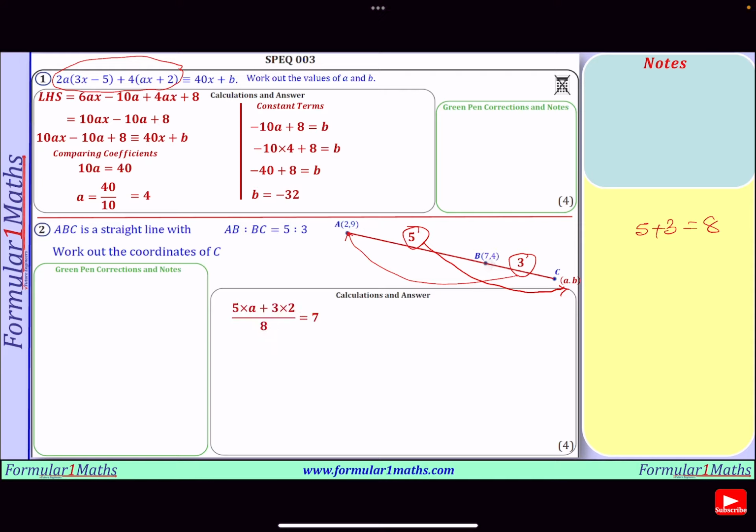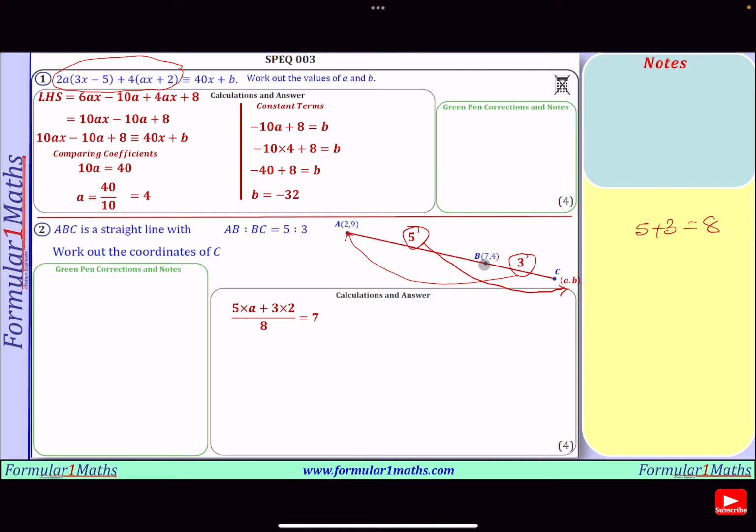So 5 times a plus 3 times 2, divided by the sum of 5 and 3, which is 8, must give me the x coordinate of B.